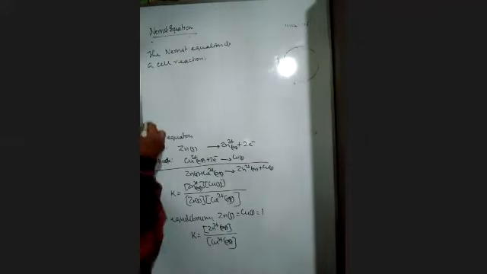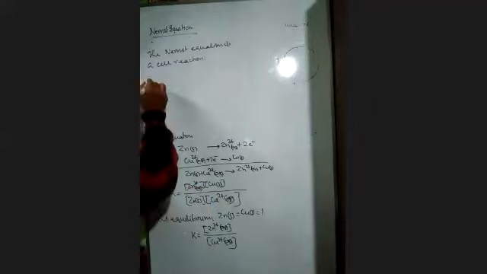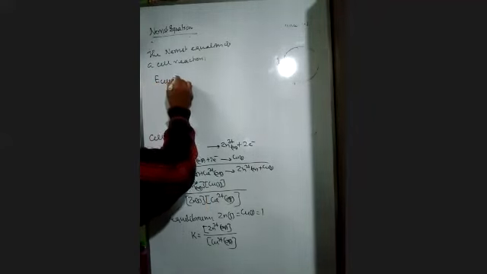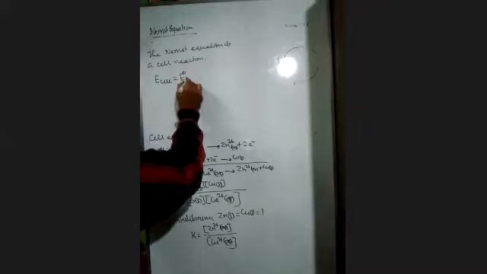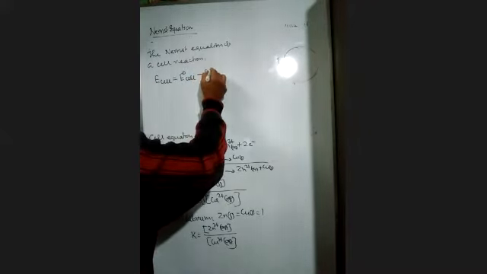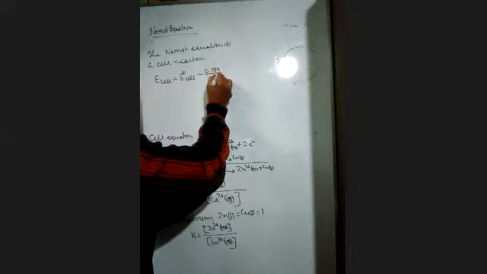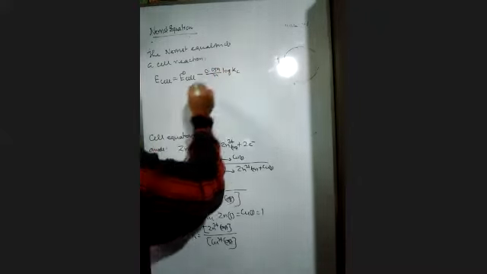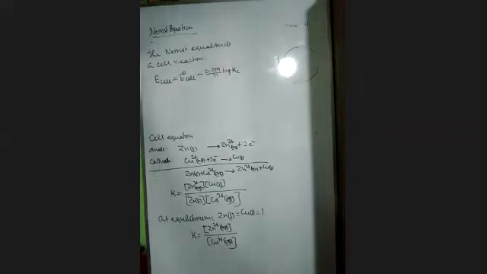In that case, I'll write here: E cell is equal to E0 cell minus 0.059/n log Kc. See, this is the equilibrium constant, so I'll write K here.